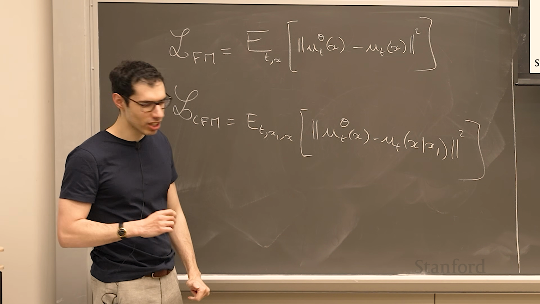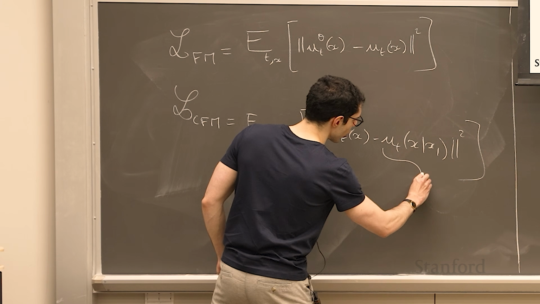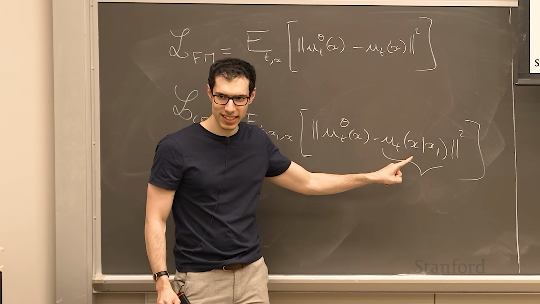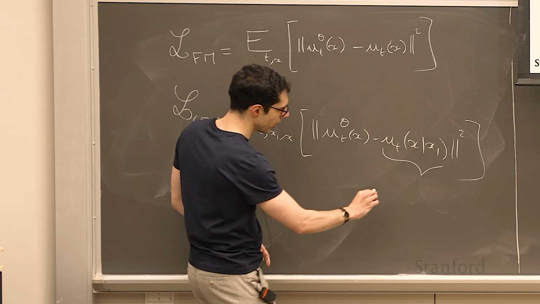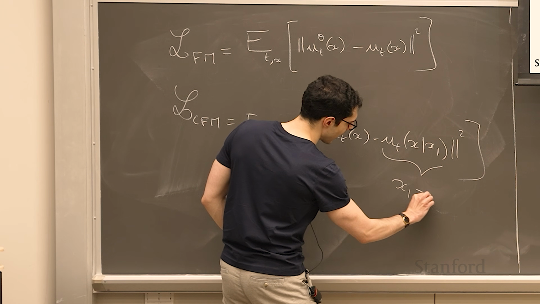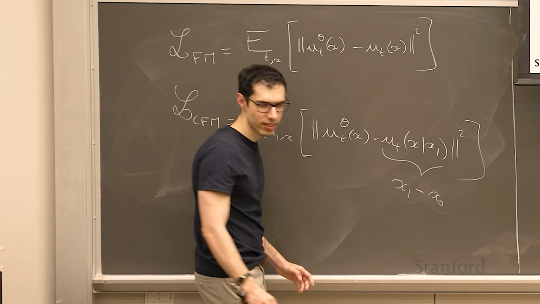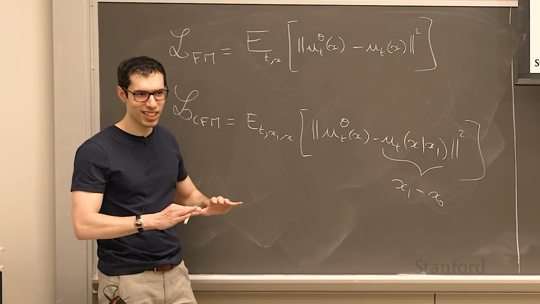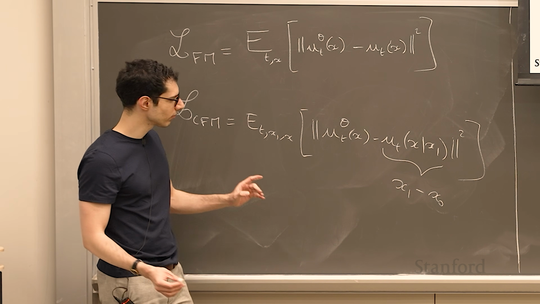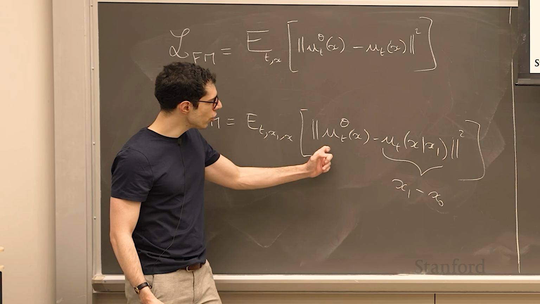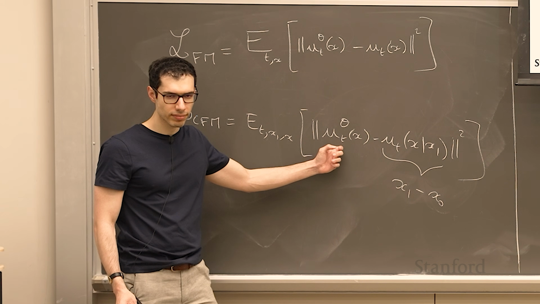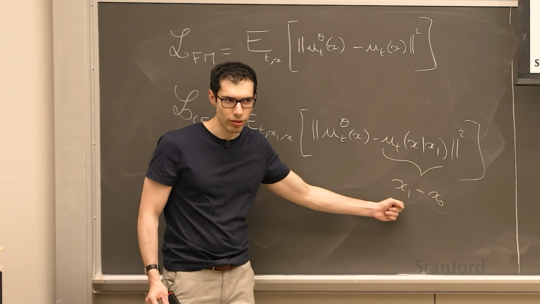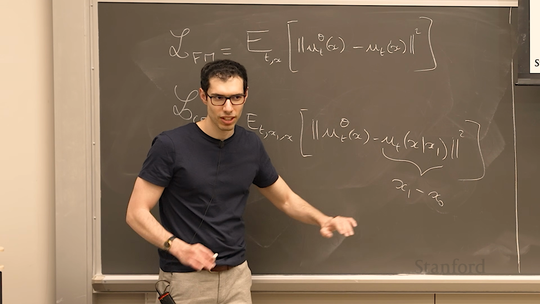And back to your question, this whole expression that we had here was ut of xt given x1, which was x1 minus x0. So this thing is super simple. It is just the thing that you want to learn minus x1 minus x0. Super simple.